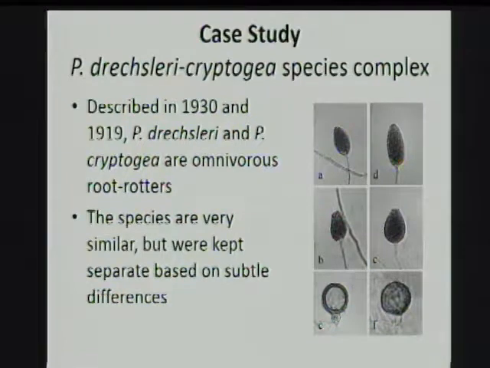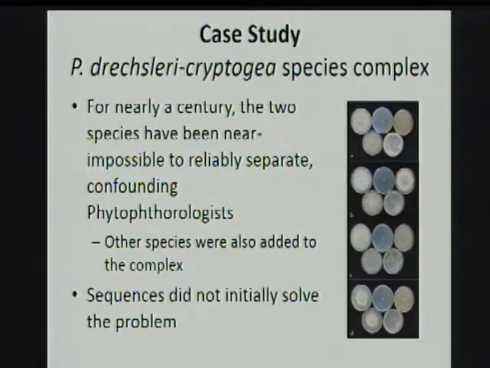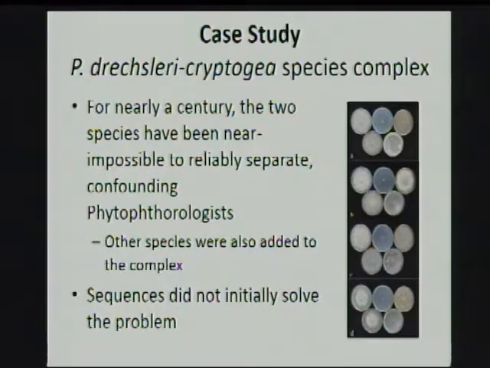As people used different methods, they thought they could divide it up better, or they could collapse them into one species, and then someone else would come out with a new method and undercut those results. And we added a few other species to this group, including Phytophthora erythroseptica that Ted was mentioning earlier. Even when the molecular era dawned in 2000, it didn't really lend any sort of sanity to this group.